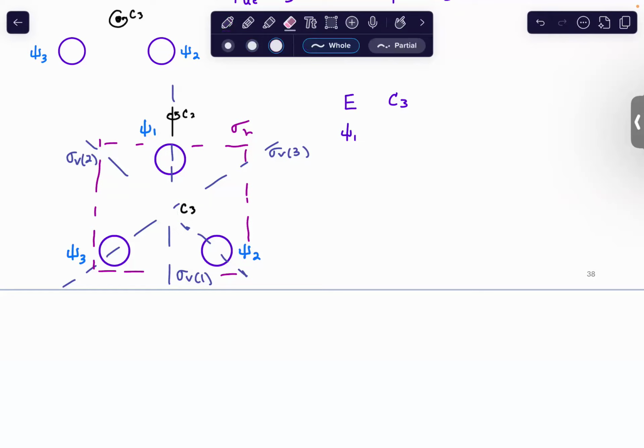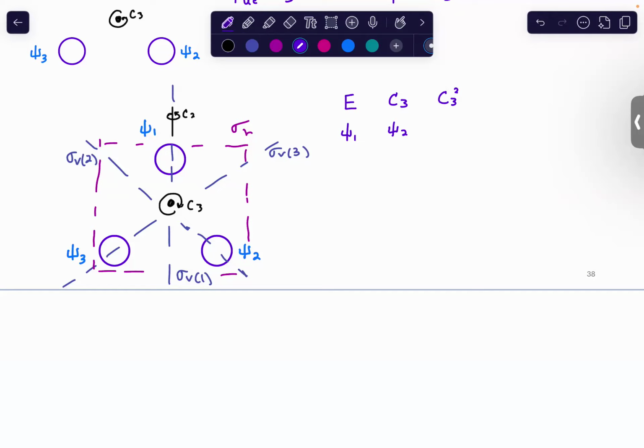Just to make sure you can pair this up with the book, let's rotate that way. We could do this rotating any direction, but I want to make sure you can check this with what's in the textbook. So in this case, psi 1 rotates into what? Into psi 2. Okay, what about your C3 squared?